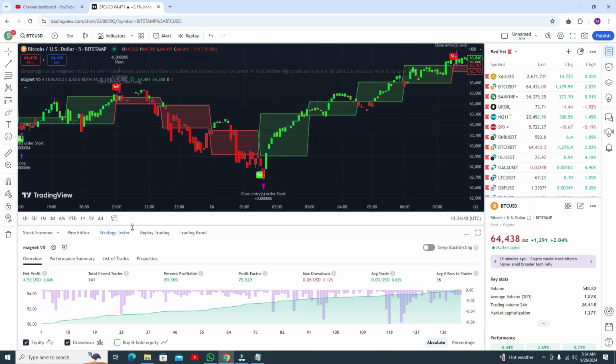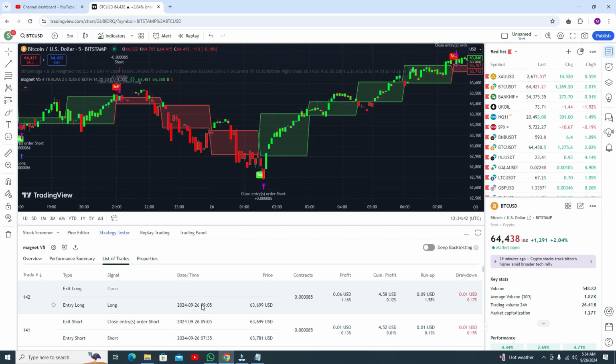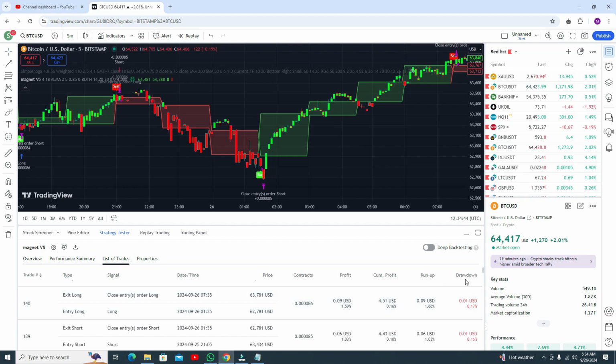And in the strategy tester charts, let me show you. These are the trades. This is the drawdown, and this is the commodity profit, and this is the profit, and this is actually a simple profit.